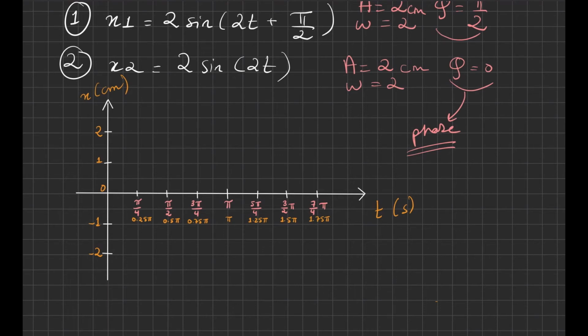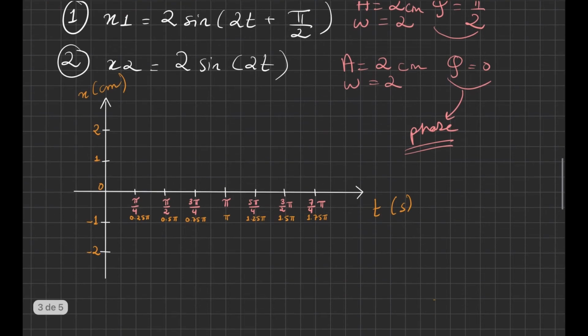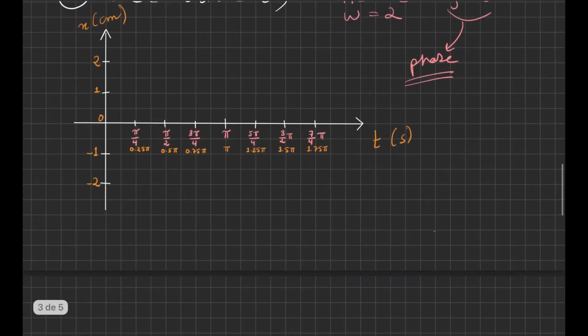The vertical axis is divided so that every 2 divisions is 1 centimeter, so here is 2 centimeters and here is minus 2 centimeters. In the horizontal time axis, every 2 divisions is 0.25 pi. Now let's try to draw this function together.